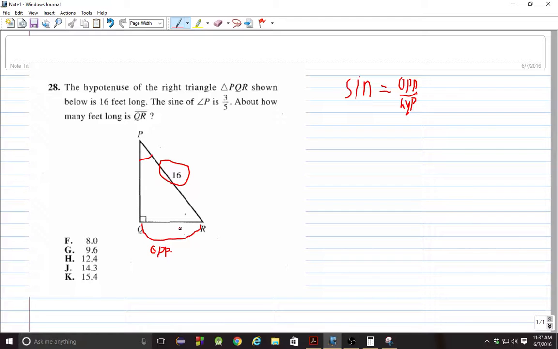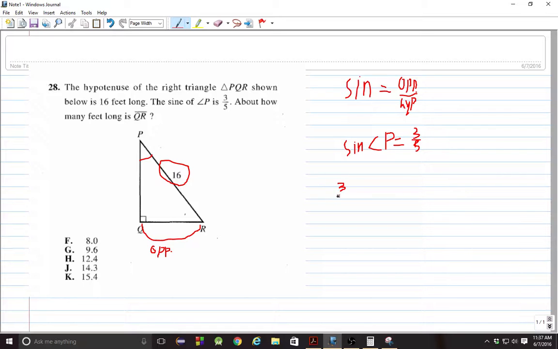So what you can think of this as is sine of angle P equals 3/5. And we can substitute that into this equation.